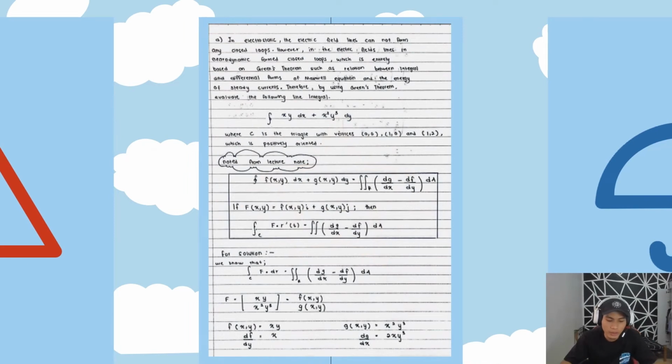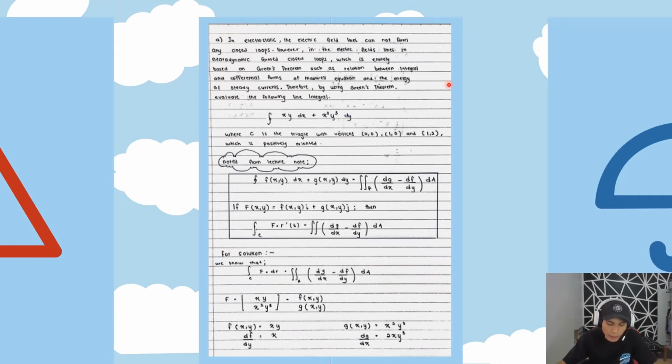Example of a Green's theorem question related to electrical application. In electrostatics, the electric field lines cannot form any closed loop. However, the electric field lines in electrodynamics form closed loops, which is entirely based on Green's theorem, such as the relation between the integral and differential form of Maxwell's equations and the energy of steady current.